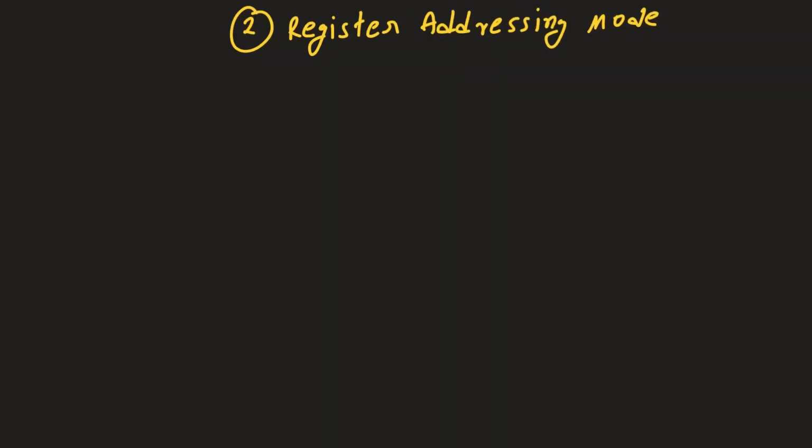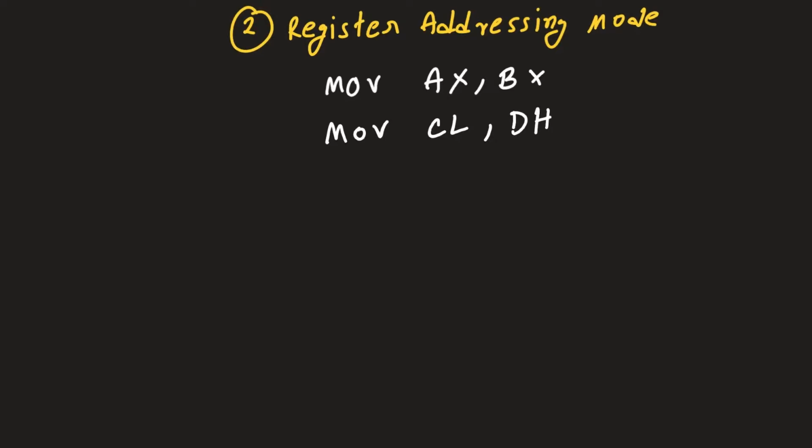The second addressing mode is the register addressing mode. In this type of addressing mode, the name of the register is mentioned in the instruction. MOV AX, BX is an example of register addressing mode. Also MOV CL, DH.